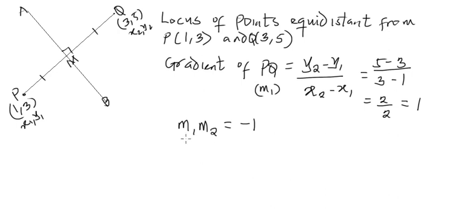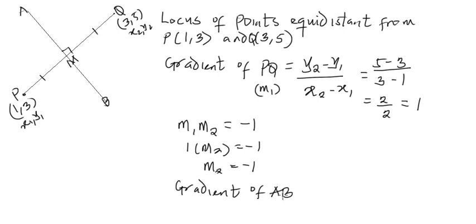M1 is 1, M2 is what we're looking for, so 1 times M2 equals minus 1. That means gradient M2 equals minus 1. In other words, the gradient of line AB is minus 1. So we've been able to find the gradient of line AB.